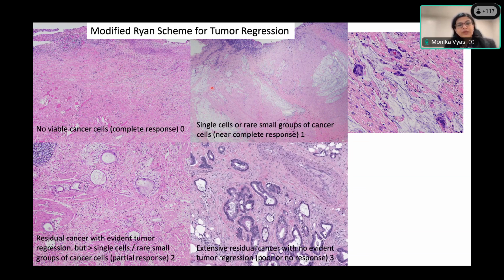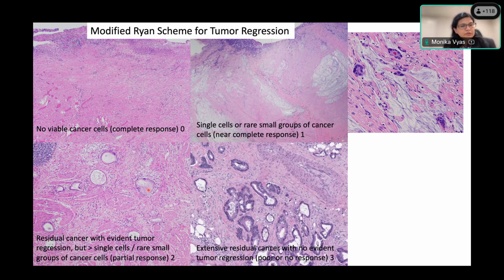Sometimes you can see extensive pools of mucin, and then you'll have small clusters of tumor cells in these pools of mucin. So single cells or rare small groups of cancer cells would put it in a near complete response. Then you can have residual cancer, a good amount with evident tumor regression, but the amount of residual tumor is more than just single cells or few clusters.